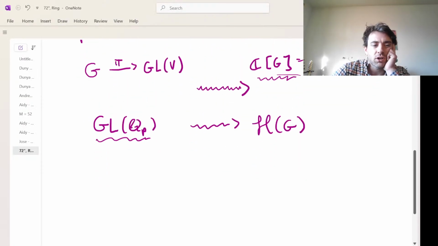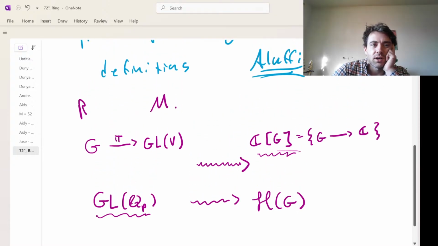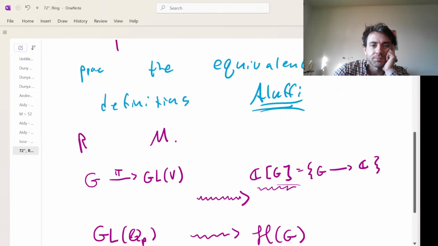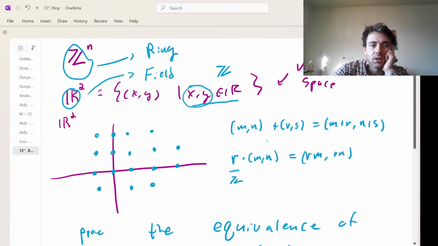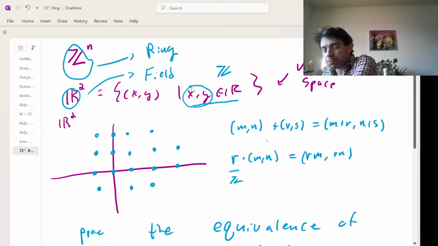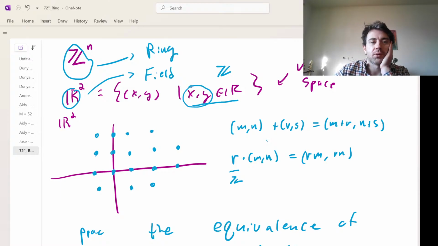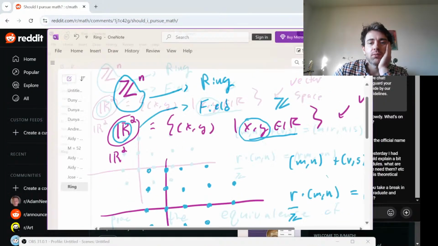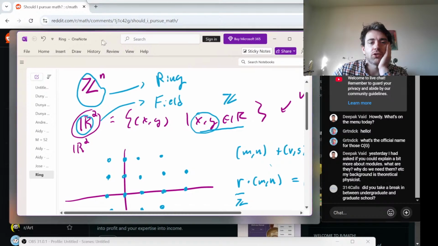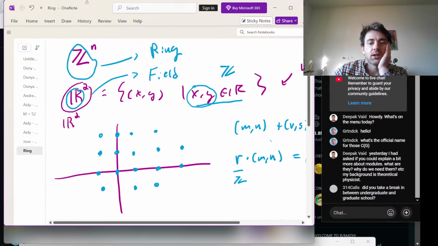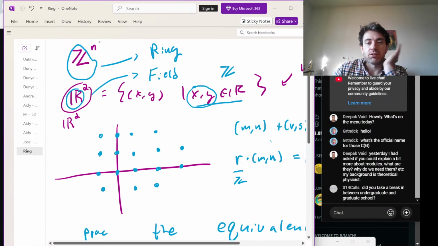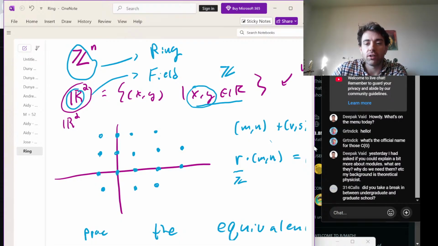So we did talk a little bit last time about, so here's a first definition, or a first example, I should say, of modules, right? So last time we said we were looking at the plane R2, and we said, oh, R2 is obviously a thing that we like to study, the real plane.